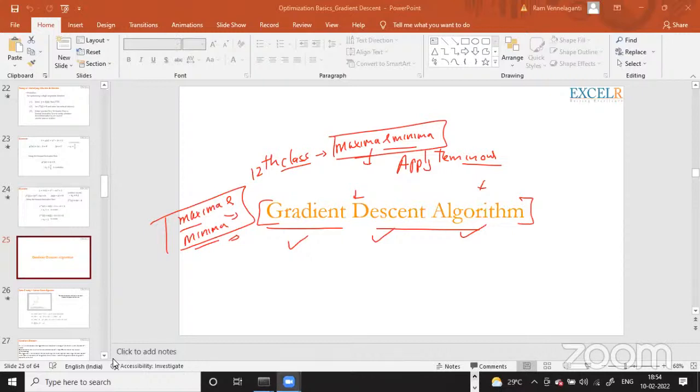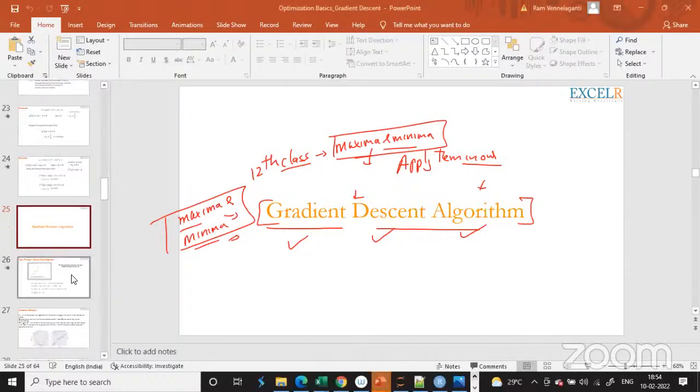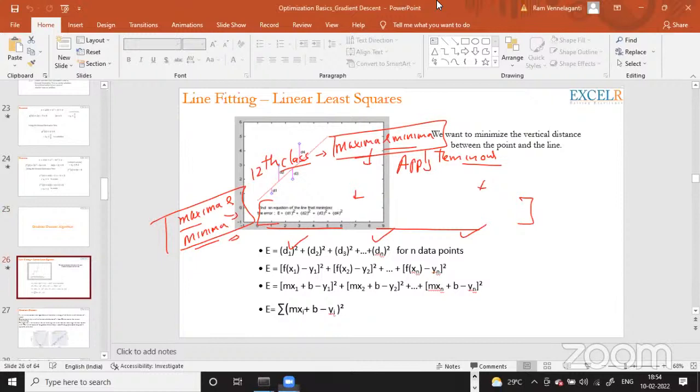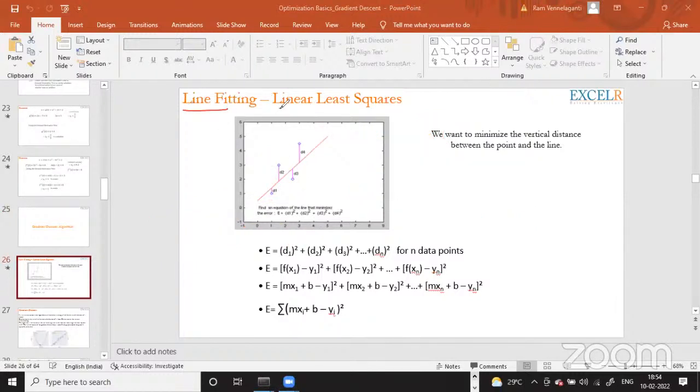So imagine we are working on a linear regression problem.